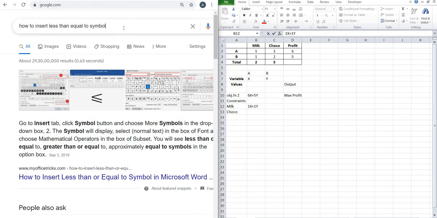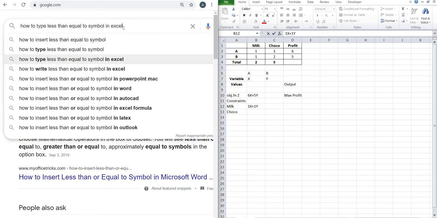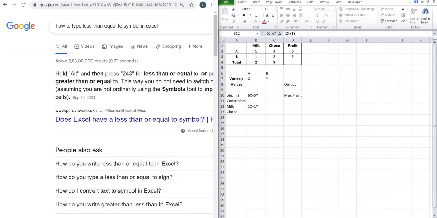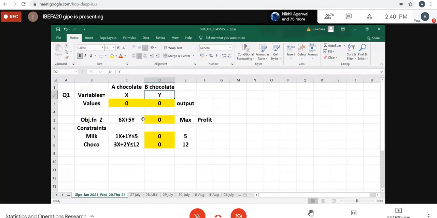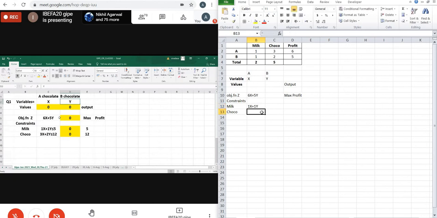So second row, B column, variables. X and Y. The values of the variable.